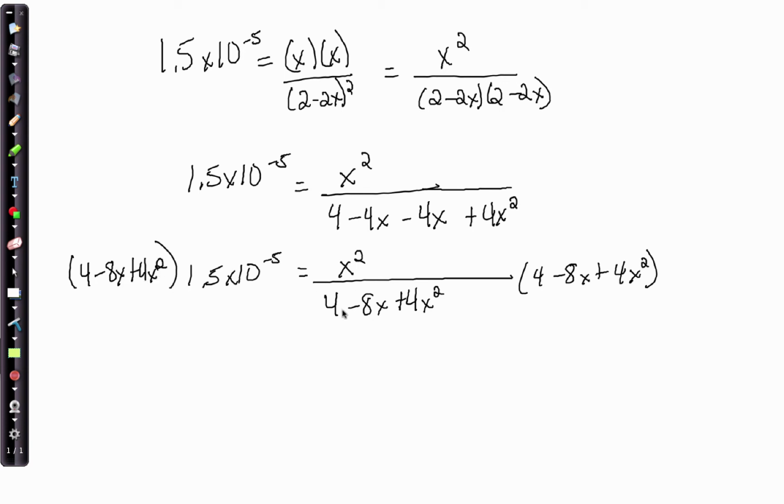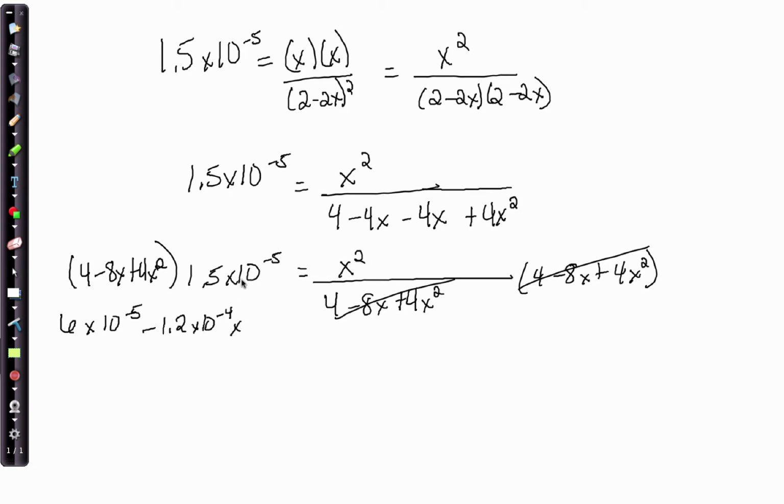Then we're going to multiply this out. So 1.5 times 10 to the negative fifth times 4 would give me 6 times 10 to the negative fifth. Negative 8 times this would give me negative 1.2 times 10 to the negative fourth x.